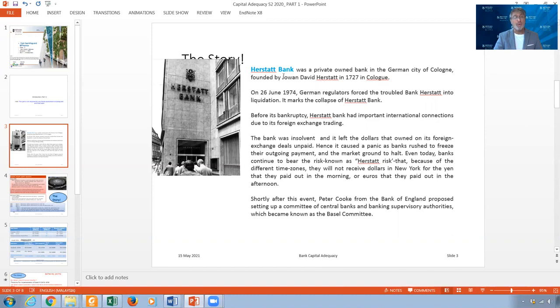So there was a call by what we call the governor of the central bank of the UK. And then they started to meet in Basel. Basel is a city in Switzerland.